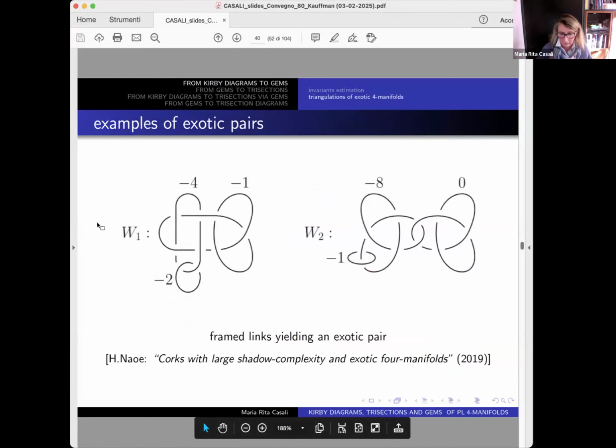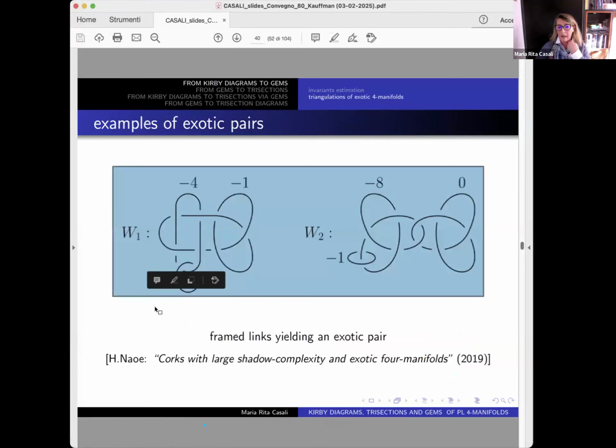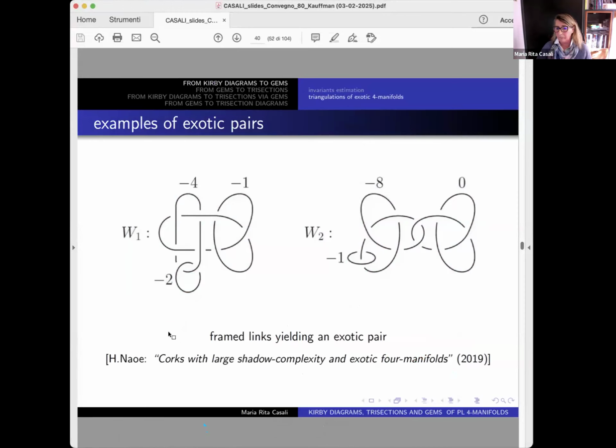Another consequence of the described construction regards the possibility of obtaining examples of triangulation of exotic 4-manifolds. For example, Paola Cristofori and I have applied the construction to this pair of exotic 4-manifolds represented by Naoe in a paper published in 2019 in Experimental Mathematics.